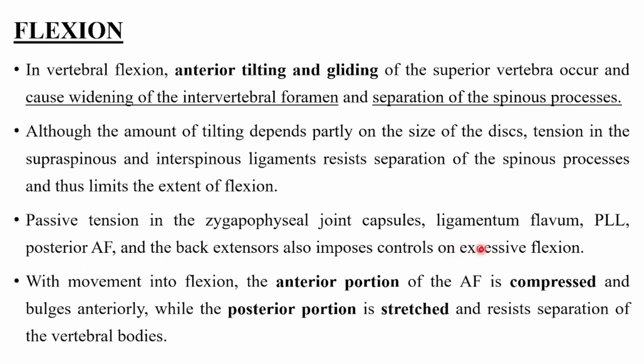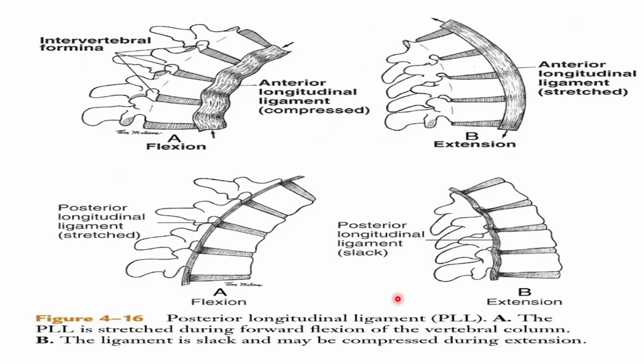So excessive flexion is also prevented by these structures, along with your supraspinous and interspinous ligaments. With movement into flexion, the anterior portion of the annulus fibrosus is compressed and bulges anteriorly, while the posterior portion is stretched and resists the separation of the vertebral bodies.